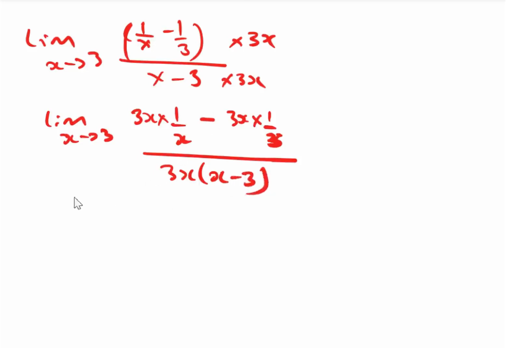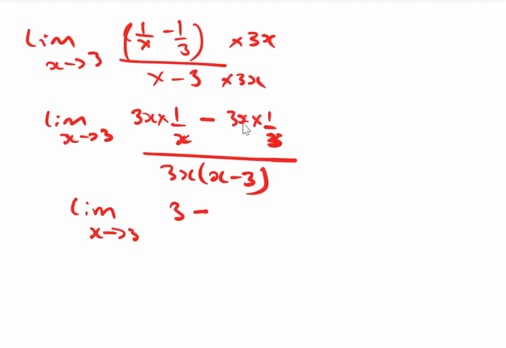Then as the limit of this as x tends to 3, x will cancel x, so we are left with 3 minus x, since 3 will cancel 3.